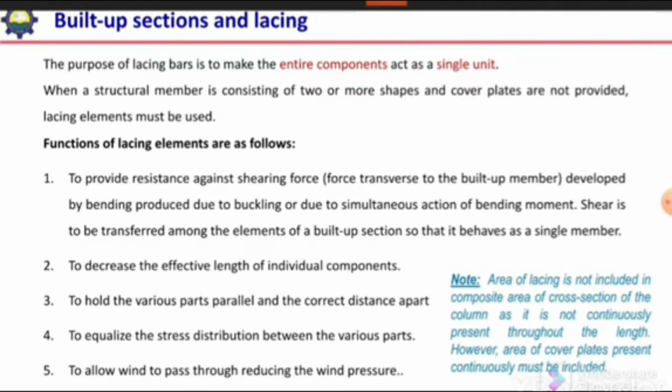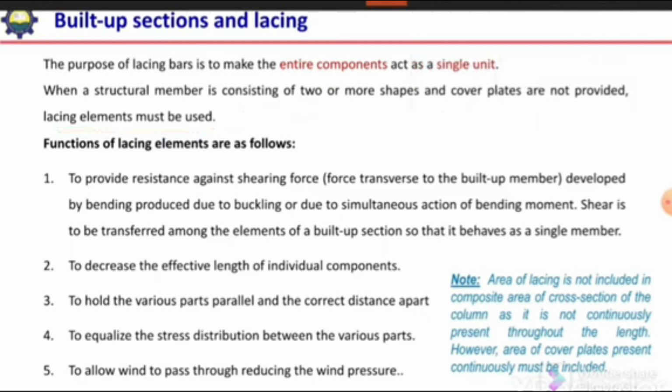When the structural member consists of two or more shapes and cover plates are not provided, then we use lacing. Either we can use lacing, tie plates, battens, or perforated cover plates. If cover plates, battens and tie plates are not used, we will prefer lacings.